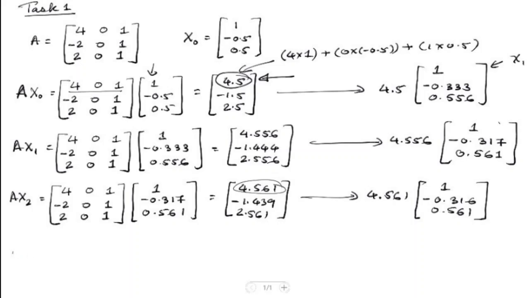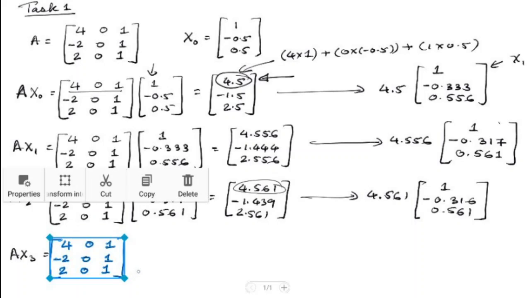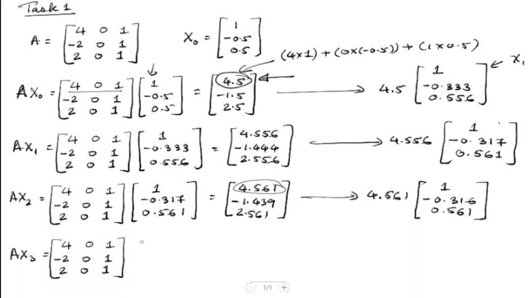So now we'll multiply A times x3. So we have our matrix A here, times vector x3, which is 1, minus 0.316, 0.561, and that gives us the vector 4.561.